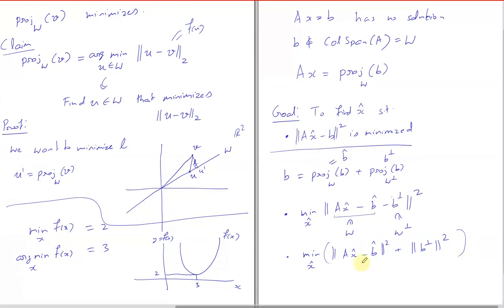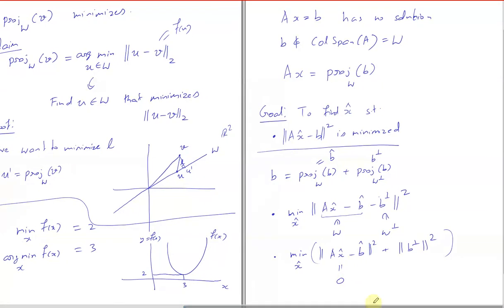What is this quantity? It is 0. So we just need to minimize this quantity, and this quantity has to become equal to 0. How do we make this equal to 0?